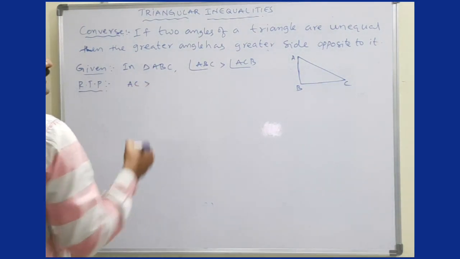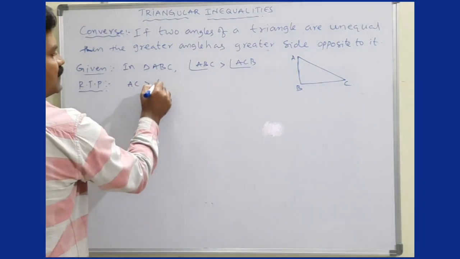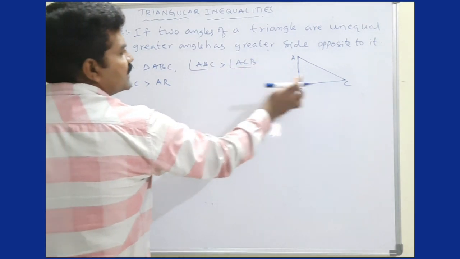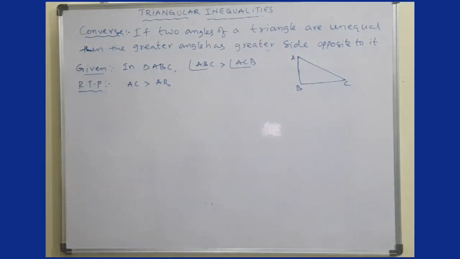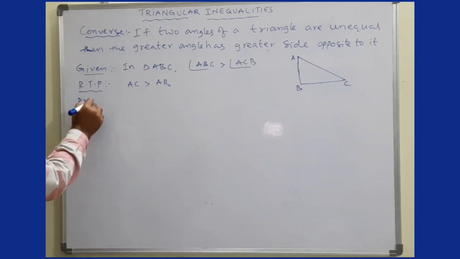We have to prove that AC is greater than AB, because the side opposite to angle ACB is AB. So we need to prove that AC is greater than AB. Look at this interesting proof.